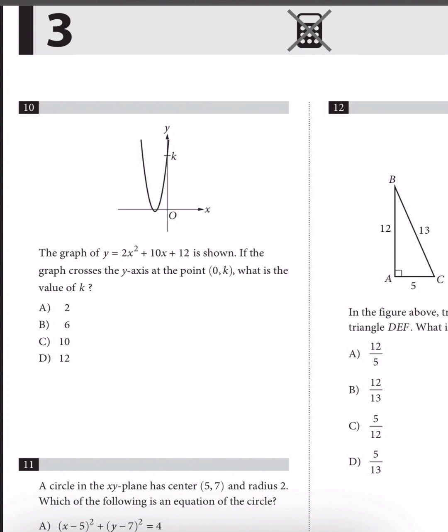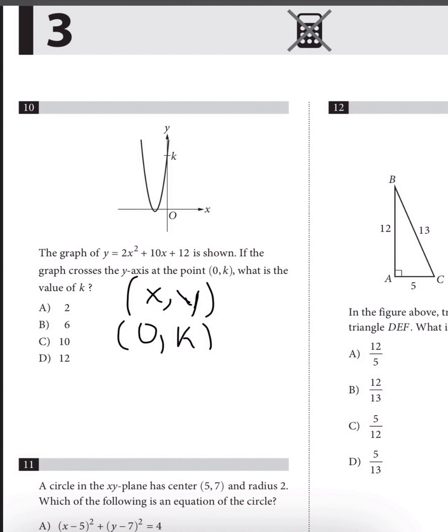The graph of y equals 2x squared plus 10x plus 12 is shown. If the graph crosses the y-axis at point 0, k, what is the value of k? So basically, x, y, 0, k. It's basically asking us, what is the value of y when x is 0?